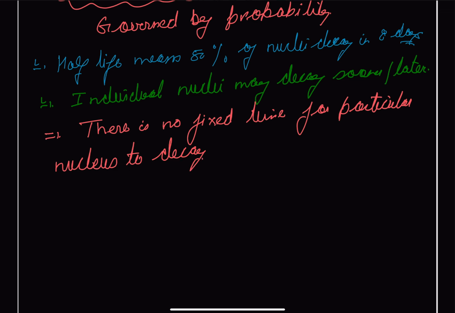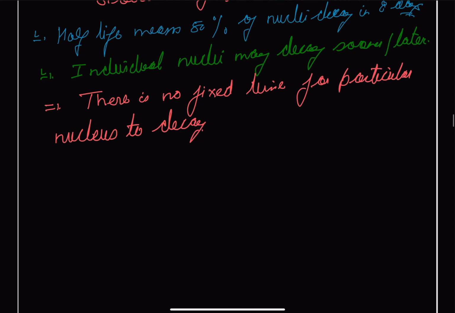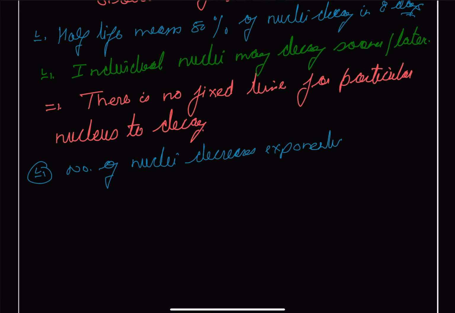Now let us check. The same thing can also be summarized by the equation. This is a standard equation, and we know that the number of nuclei decreases exponentially. And that formula is N is equal to N naught e raised to the power minus lambda t.